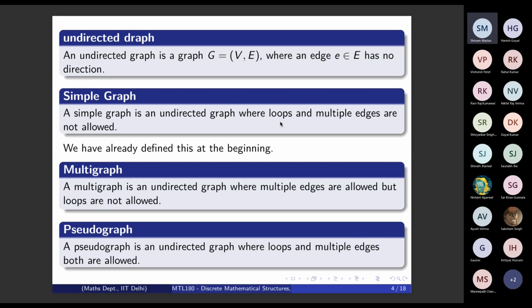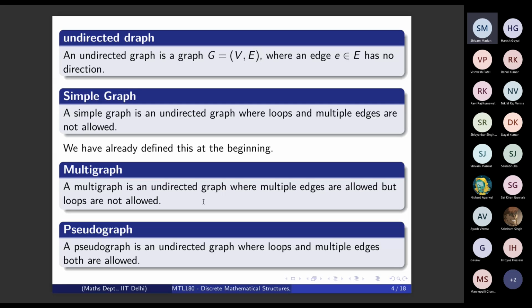We have defined loops and multiple edges, right? If you take a graph, it might happen that it has some multiple edges or loops, but a simple graph means loops and multiple edges are not allowed. We have already defined what a simple graph is. Now what is a multigraph? A multigraph is an undirected graph where multiple edges are allowed but loops are not allowed.